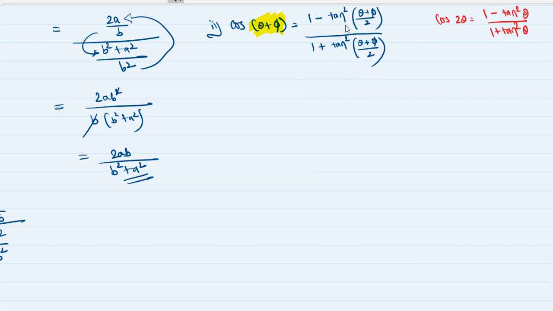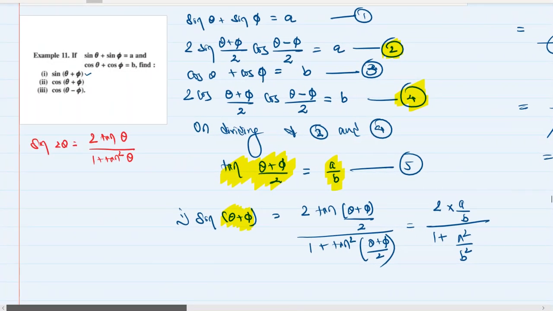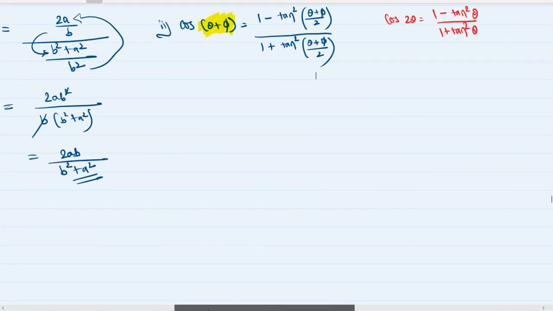Now I know the value of tan of theta plus phi by 2, which is a by b. I just used it in the previous part of the question also, and I've derived it earlier. I'm just going to substitute that value over here.